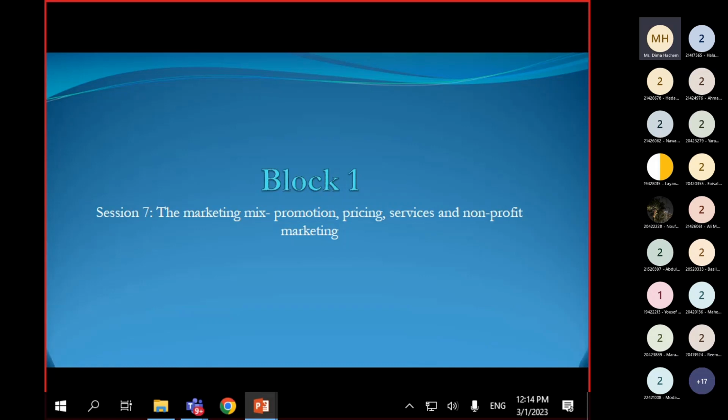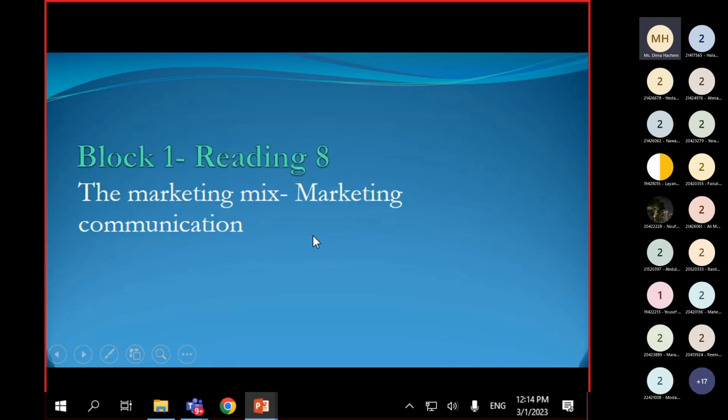Today, we will continue the 4 P's. In session 7, we will be looking at the promotions, the pricing, and also the services when it involves a service and not a tangible product.